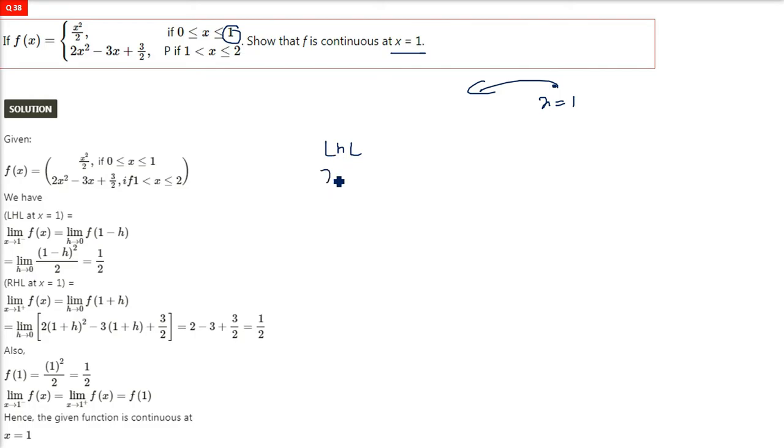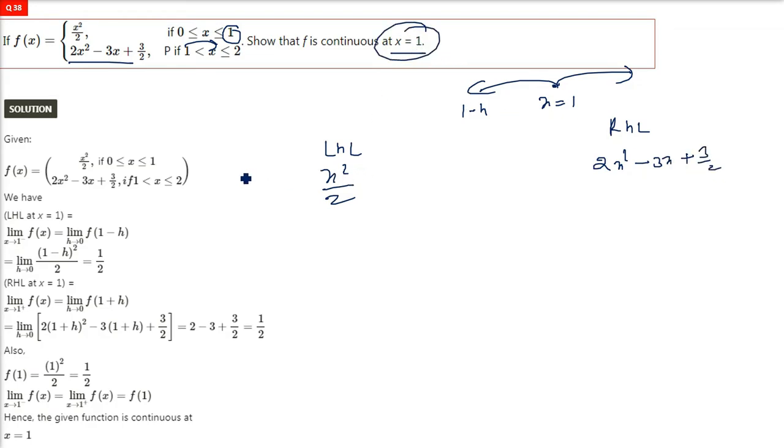So for the left hand limit we will use x square by 2, and 1 minus h we are going to use here. On the right hand side we are going to use 2x square minus 3x plus 3 by 2, and in this case we are going to put x as 1 plus h. So x equals 1 minus h here, x equals 1 plus h here.